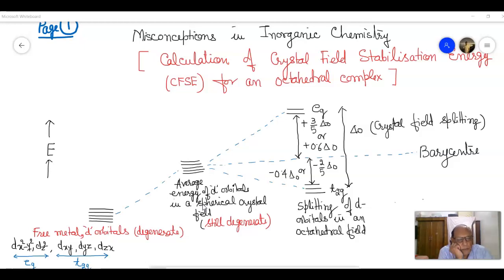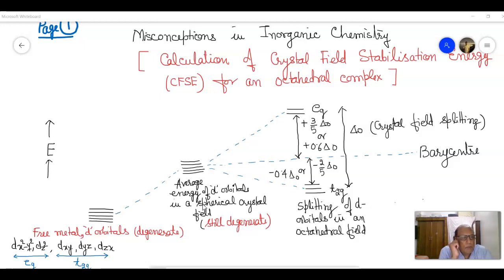So let us begin with a metal atom or ion containing one or more electrons in its d subshell, the orbitals of which are going to interact with the six monodentate ligands in order to form an octahedral complex.